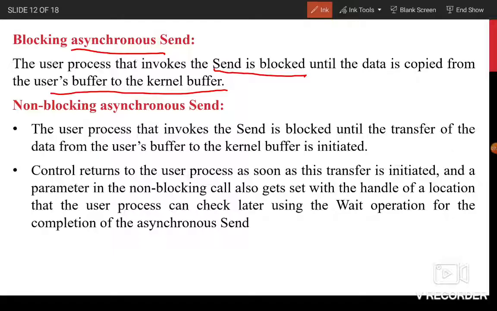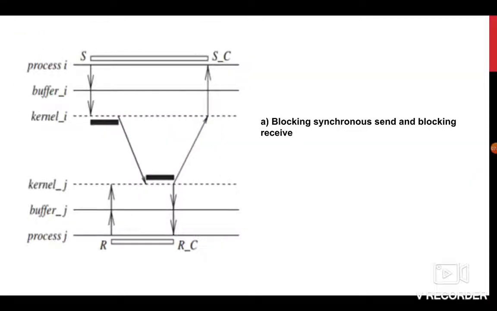Control is returned to the process as soon as the transfer from the user buffer to the kernel buffer is initiated. And again we get the handle. With the help of the handle, you can know about the completion of the process.